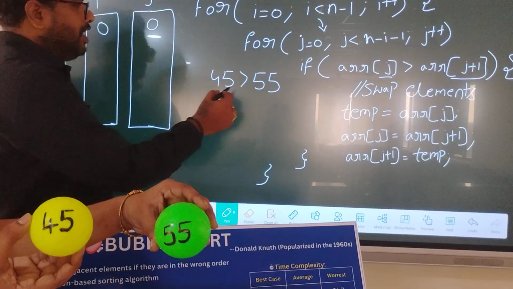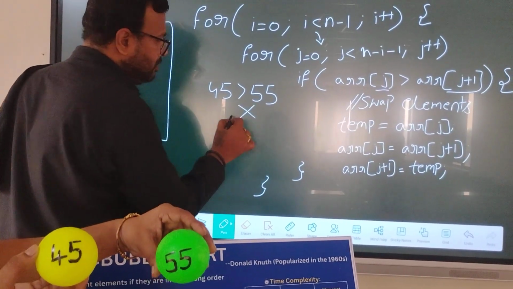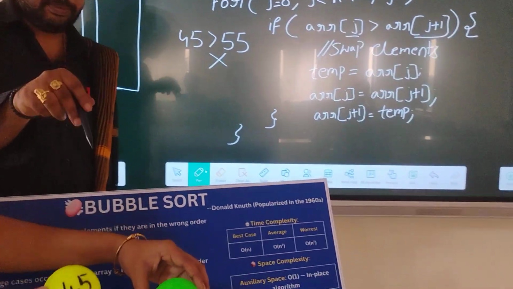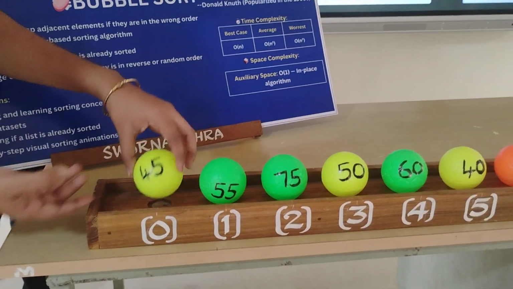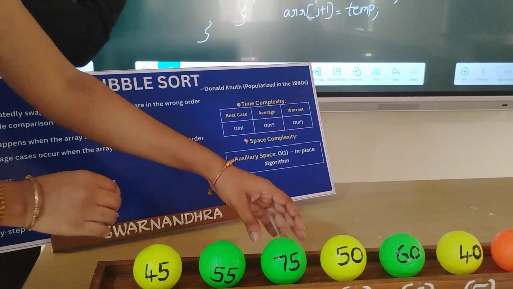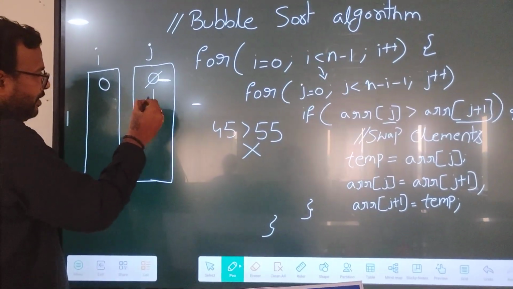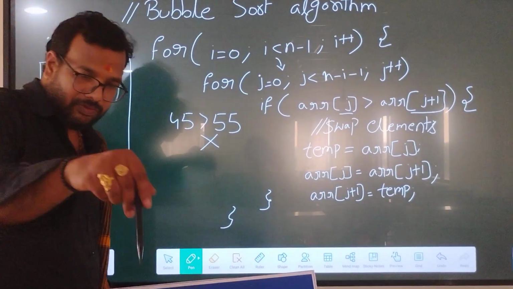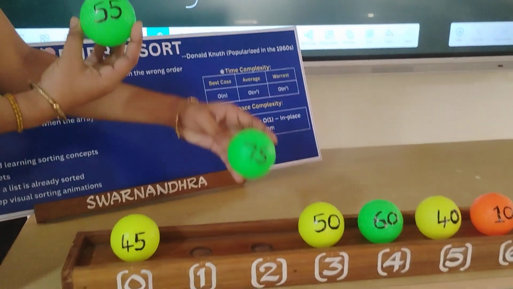False. False means there is no swapping. Next, j is increased by 1. Now j becomes 1 and j plus 1 becomes 2.